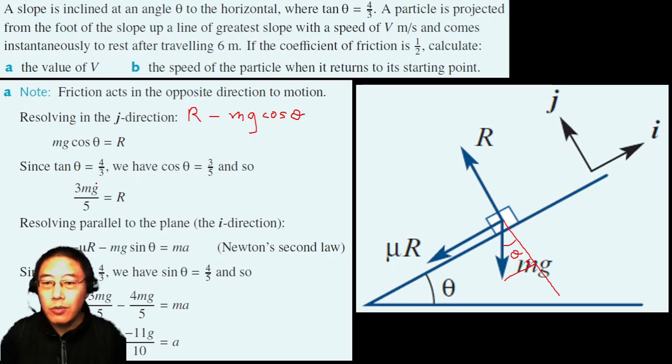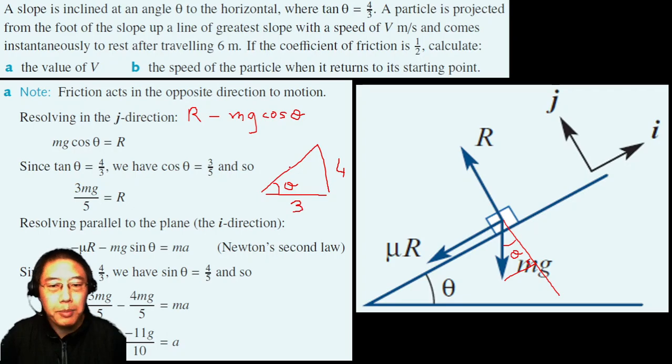Now, as we know, tangent of theta is 4/3. Again, that's a little bit of a trick: you draw your right angle triangle. That's our theta. Tangent is 4/3, because it's a ratio, opposite over adjacent, so it's 4/3.